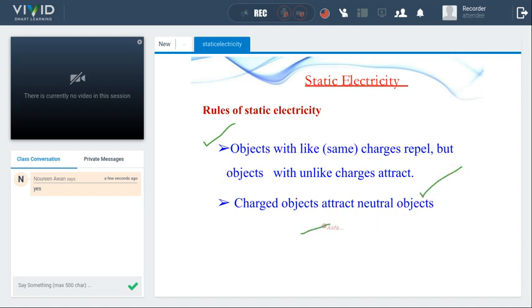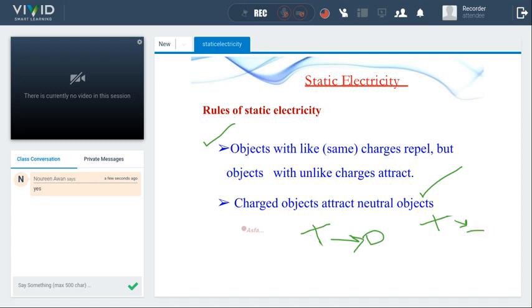If your comb is positively charged, that will attract an object that is neutral, and that may attract the object that is negatively charged.